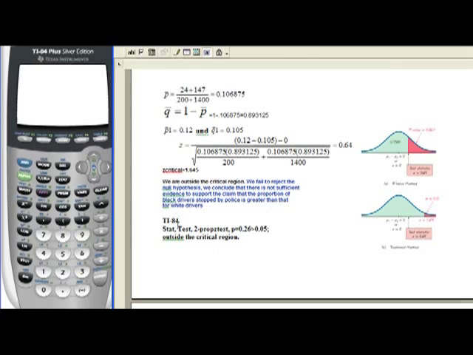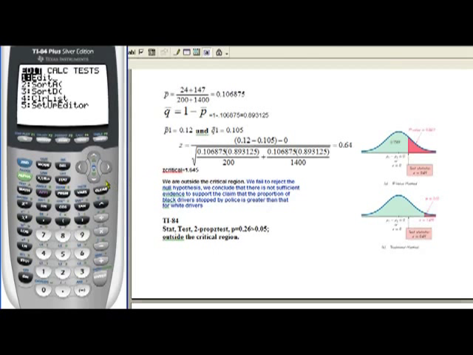So if I were to do the same problem using my TI-84, I would have gone to stat, test, and I would have gone to 2-prop z test right here and entered x1, which is 24, n1, which is 200, and the next one is 147 out of 1,400.